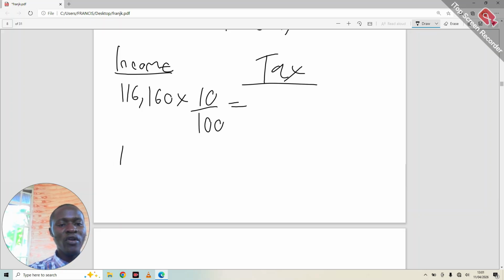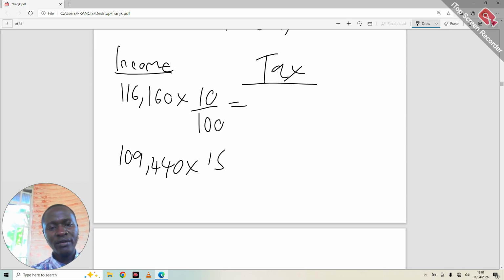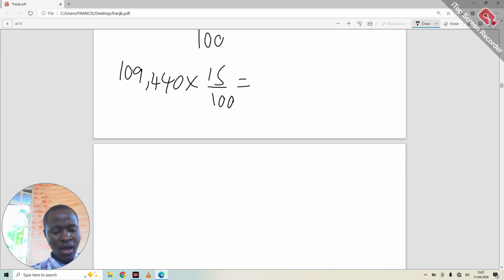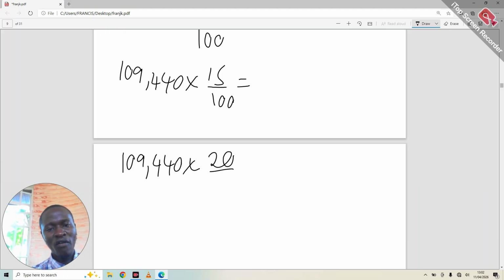We are having 109,440 times 15 all over 100. Take 335,040 minus 225,600. What are we having? 109,440 multiplied by 20 all over 100.